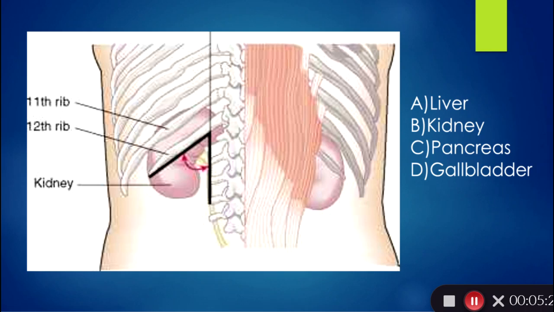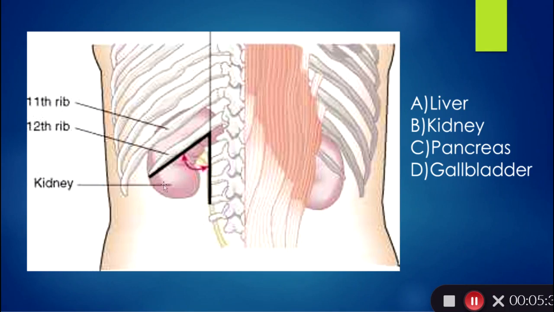The other option we have was the pancreas. Now the pancreas sits behind our stomach, so it's also up higher. And then the gallbladder is down lower.